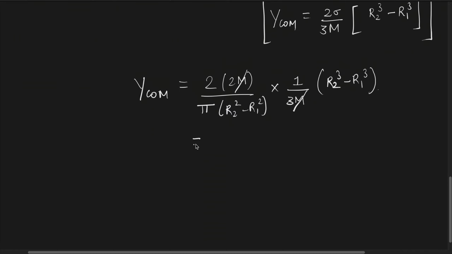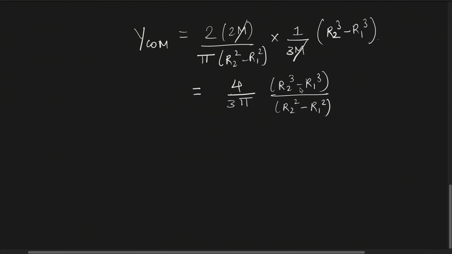So this will be 4 upon 3 pi, r2 cube minus r1 cube divided by r2 square minus r1 square.